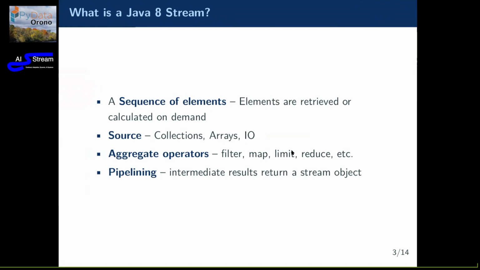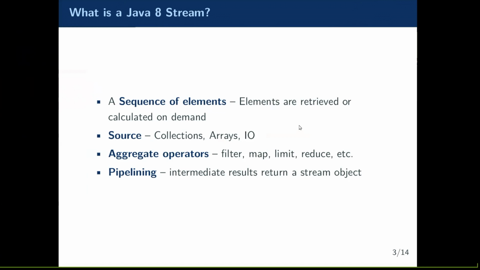These elements are either calculated or retrieved on demand from typically arrays or collections from the collections API in Java, and sometimes I/O. They have the typical aggregate operators that you'd find in functional languages, such as filter, map, limit, reduce, those type of things. I'll do some examples of that if you're not familiar with that.